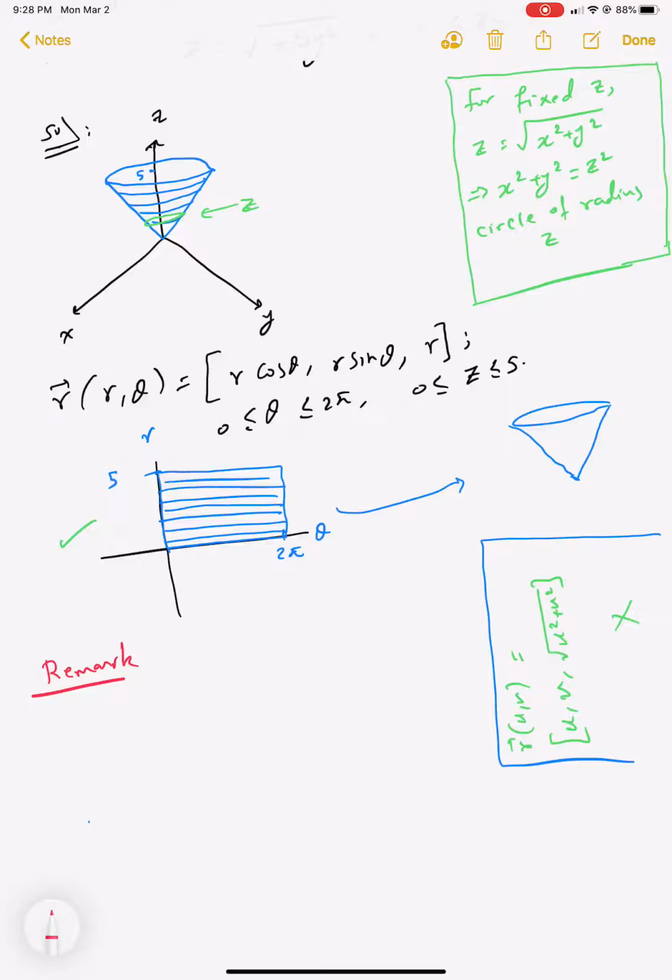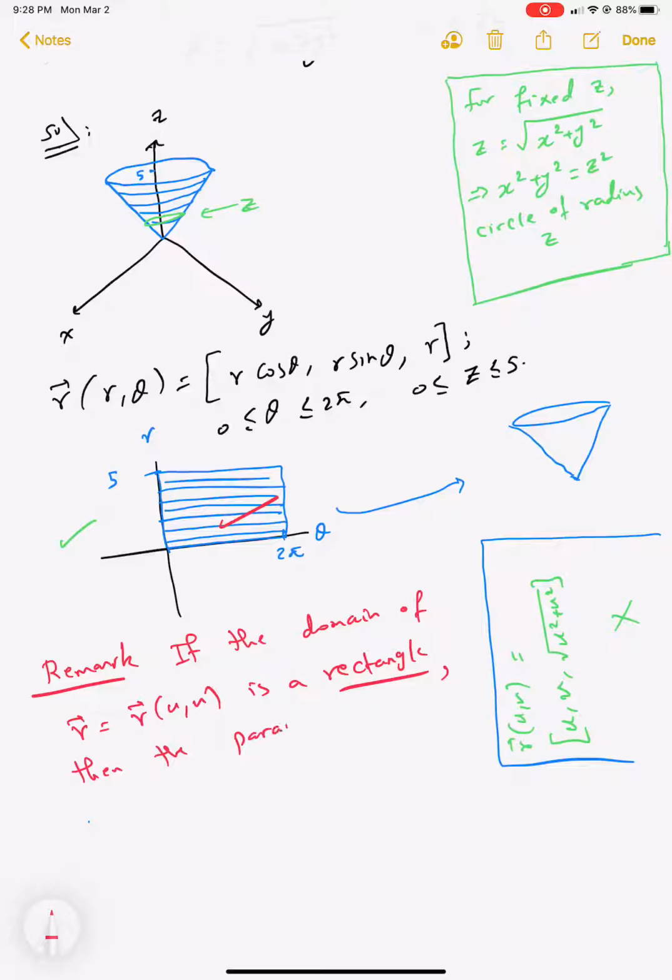Of course, there is no definition for the best parameterization, but we will see later, for our purpose in surface integrals, if the domain of r, the parameterization, is a rectangle, like our example here, then the parameterization is perfect. This is the simplest parameterization, when the domain is a rectangle.